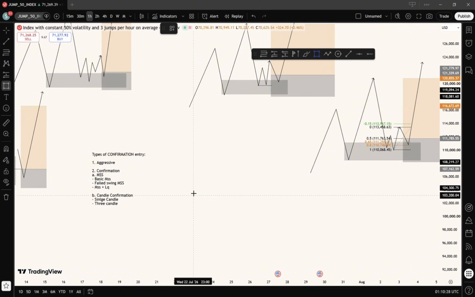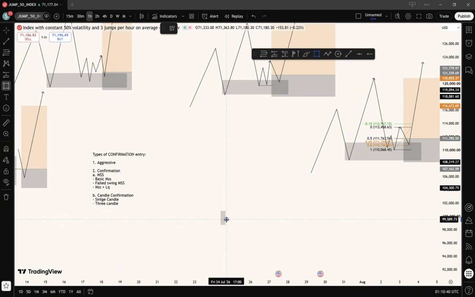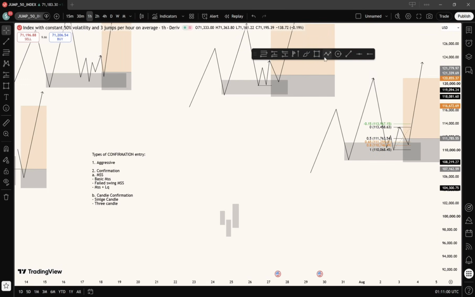I would like to see when price falls down to that zone, to the demand zone, my POI, a bearish candle like this, the first bearish candle, then the second one has to create a swing low, you understand, then the third one, which is the 3 candle confirmation, I'd like to see the third one close either above this second one or above the two of them, which is even way better, you understand. Then my entry is going to be somewhere here.